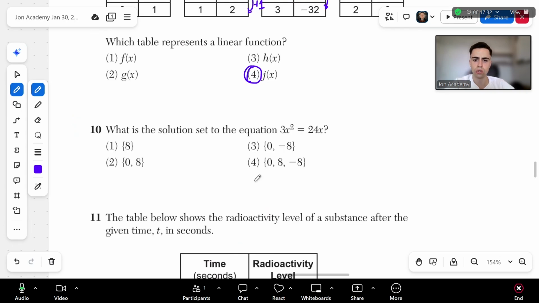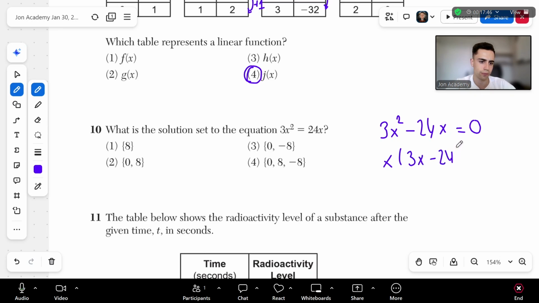Number 10, what is the solution of this equation? We can solve it very fast, it's not difficult. So we bring left the minus 24x, and we take common factor x, so it's gonna be 3x minus 24. We take common factor, and what can we see? As x is here in front, and two things multiplying each other equal to 0, either the first one is 0 or the second one is 0, no?